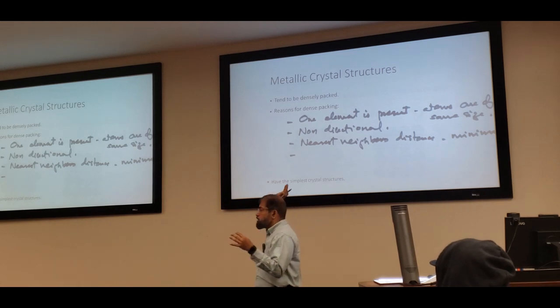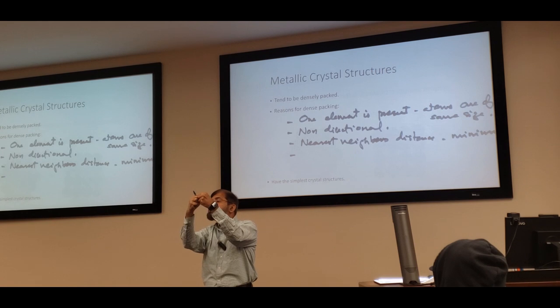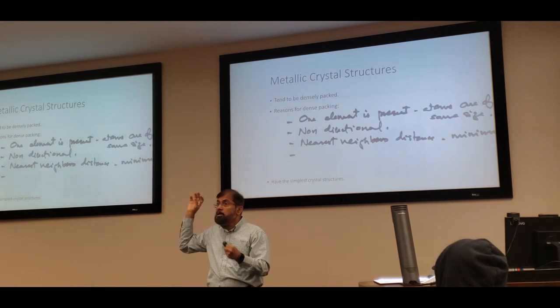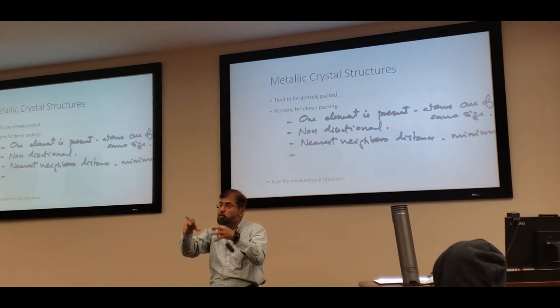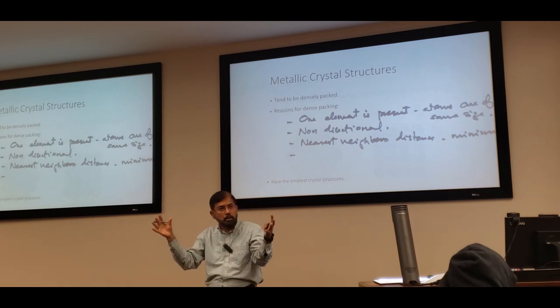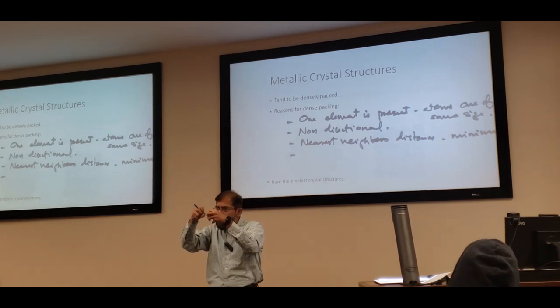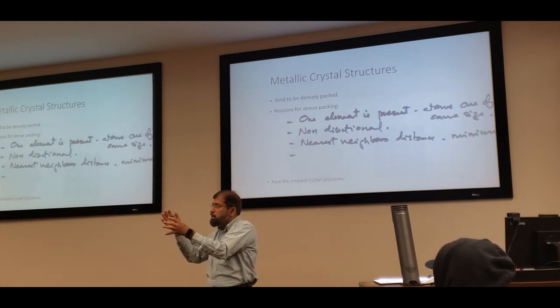For the sake of convenience, we assume that these ionic cores are touching each other to study the structure. When you put them together, what happens? They close pack, forming the atomic structure, and remember, electrons are always in between.